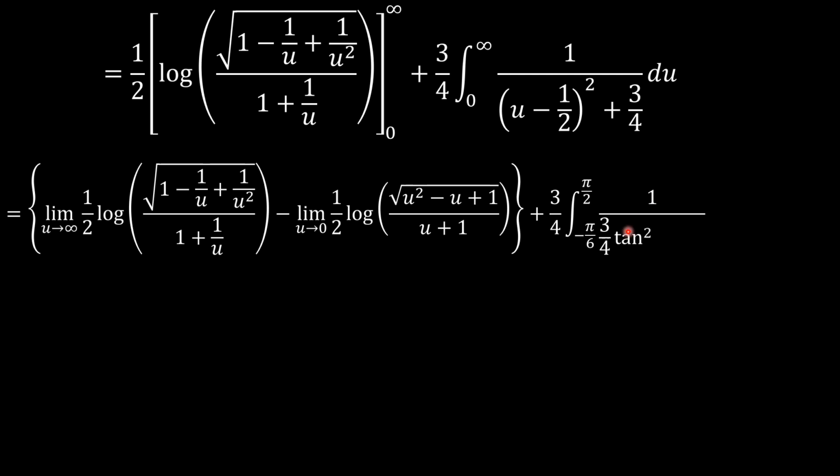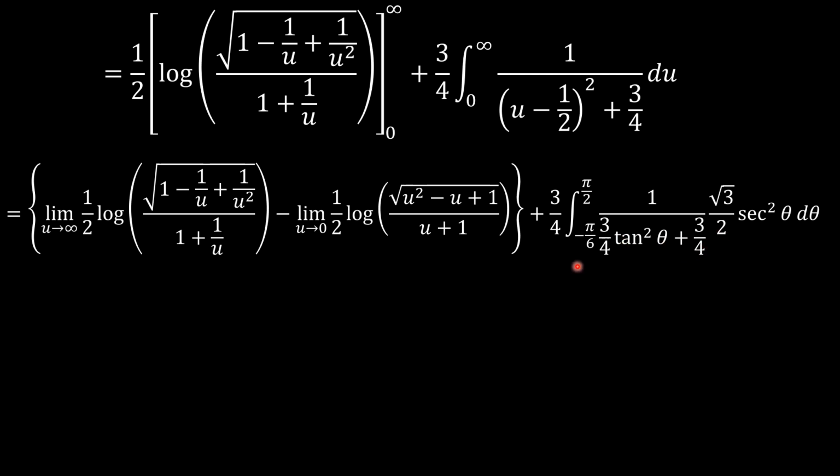However, we have now introduced the theta expression in the third expression here. So we have 3 over 4 times the integral from theta equals negative pi over 6 to theta equals pi over 2 of 1 over tan squared theta times root 3 over 2 squared, which is 3 over 4, plus 3 over 4.